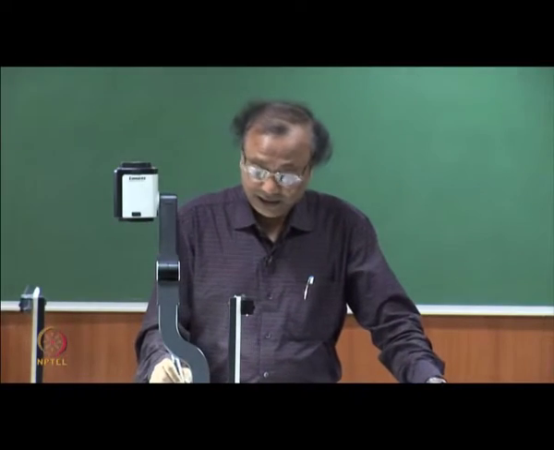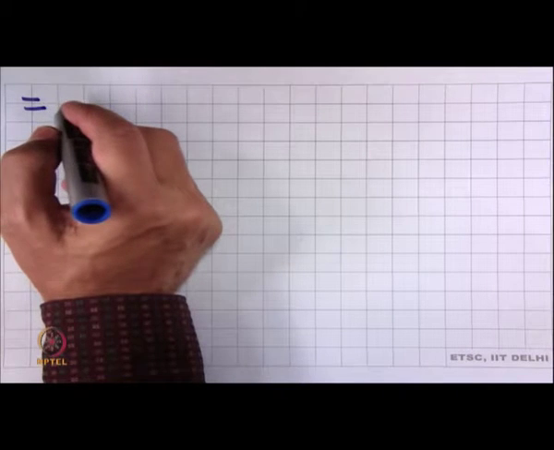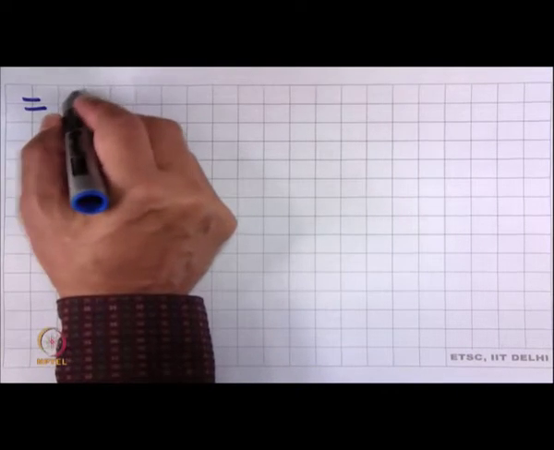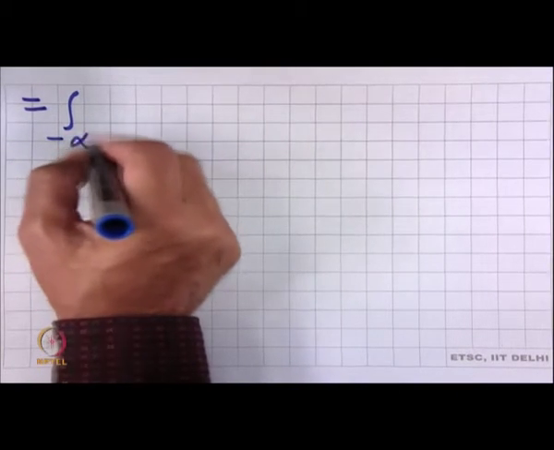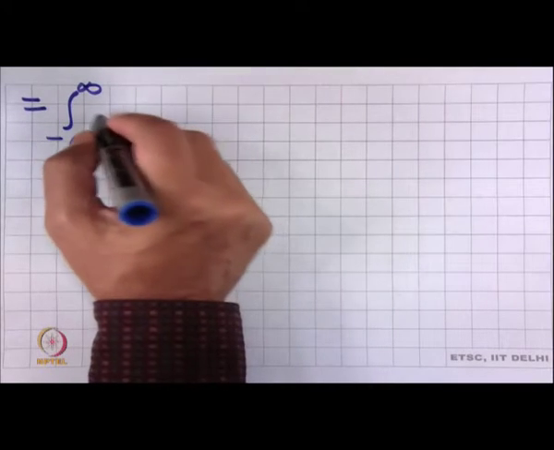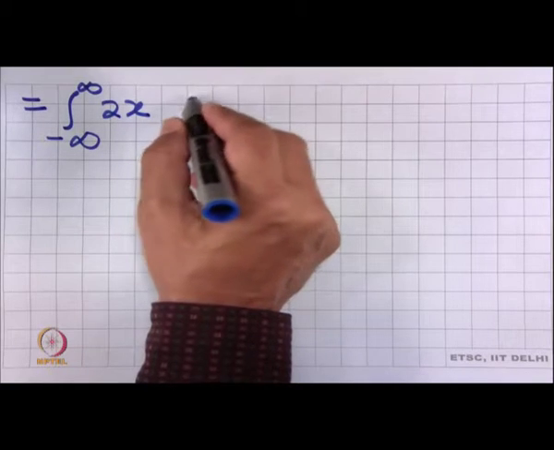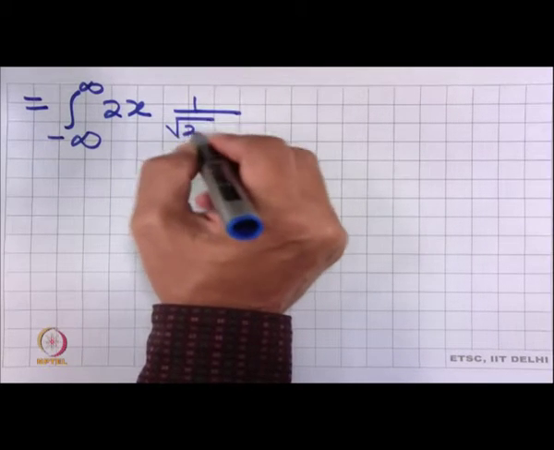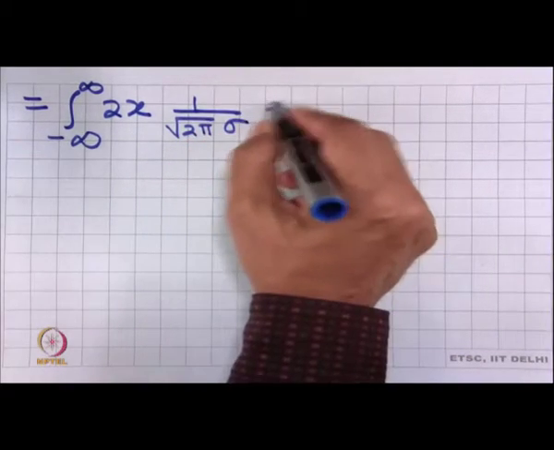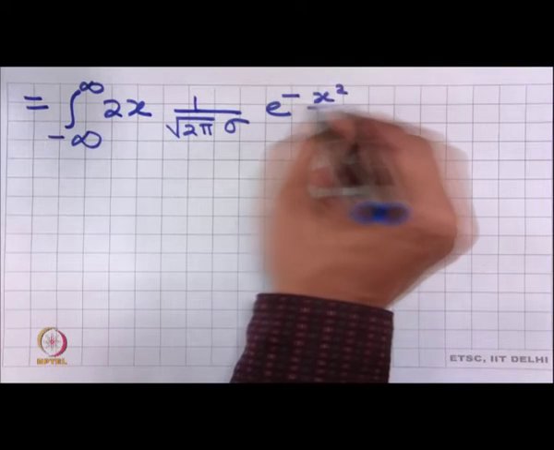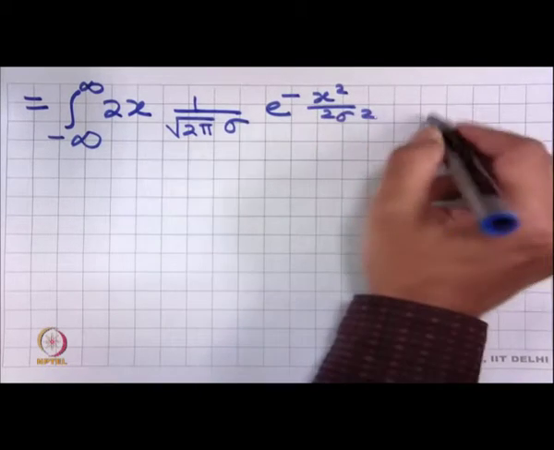So, this I write as a sum of two parts. Two x into 1 over root over 2 pi sigma e to the power minus x square upon 2 sigma square dx.